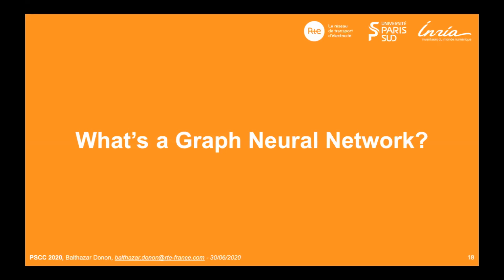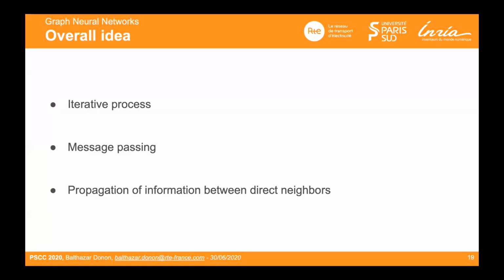So it's quite a recent approach. And the overall idea is that it's an iterative process that relies on message passing. And the idea is that you will propagate information between direct neighbors of a graph.